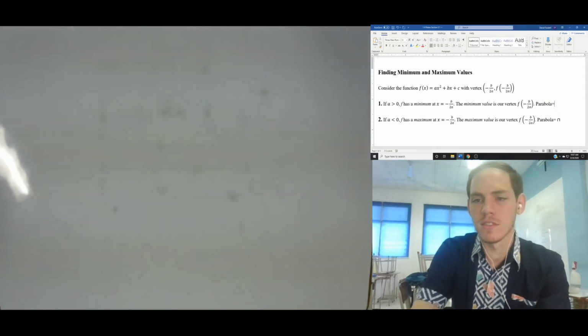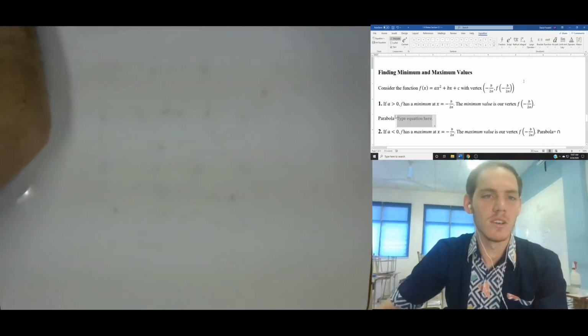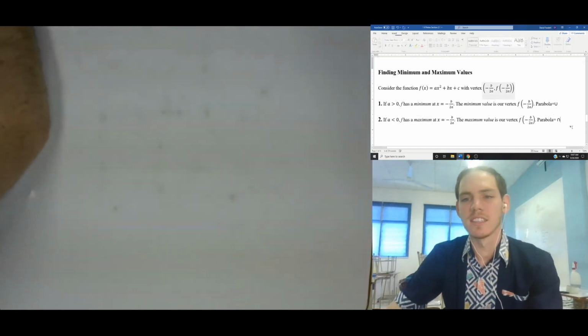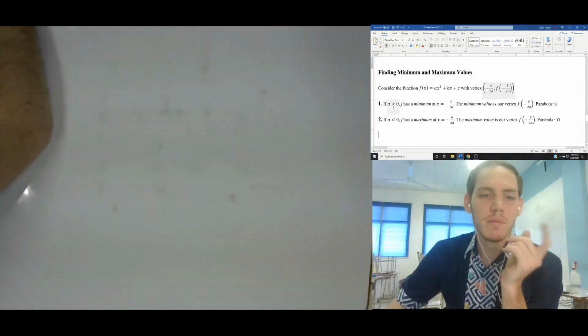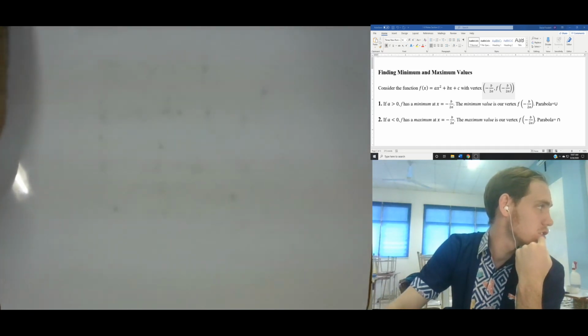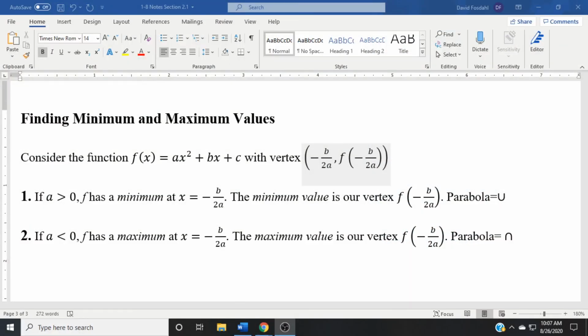Okay? So for a minimum, the parabola looks like a U. For a maximum, it looks like this. Here, let's zoom in so you guys can see this beautiful thing. I'm so proud of myself. You should be proud of me too. Look at that.